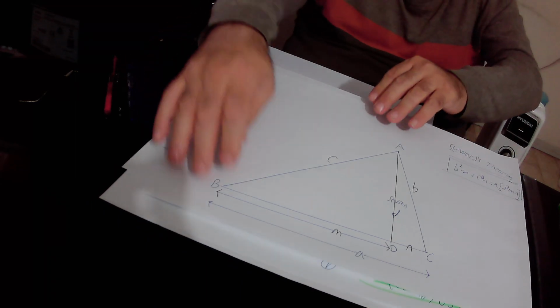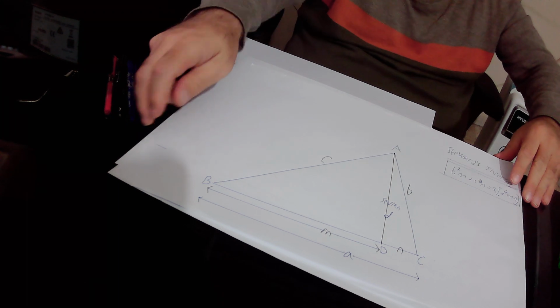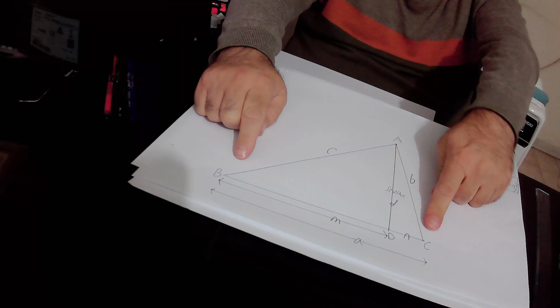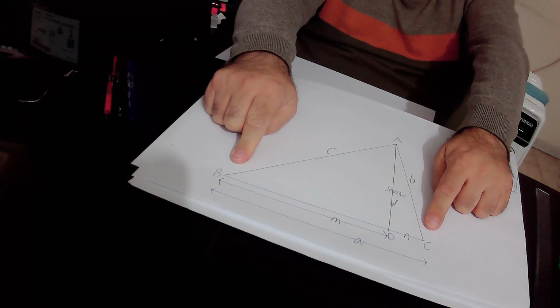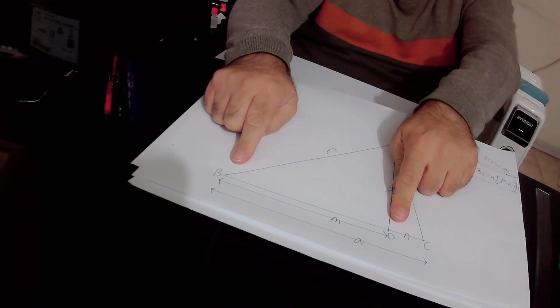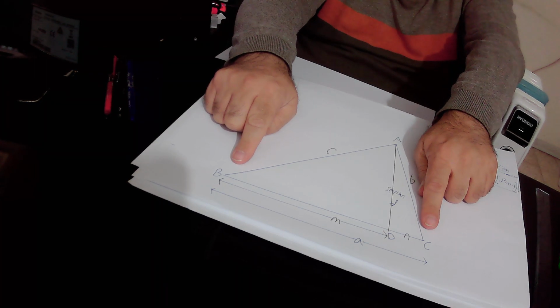In the drawing here, according to our definition, side BC of triangle ABC equals to a from one side. But from the other side, side BC equals of course to BD plus DC.